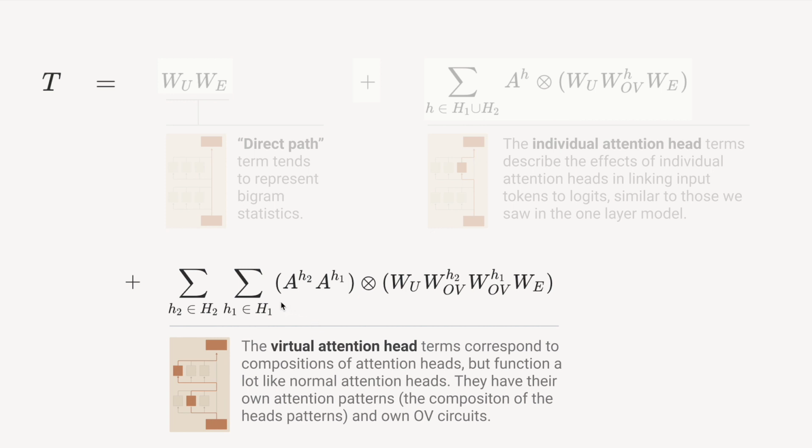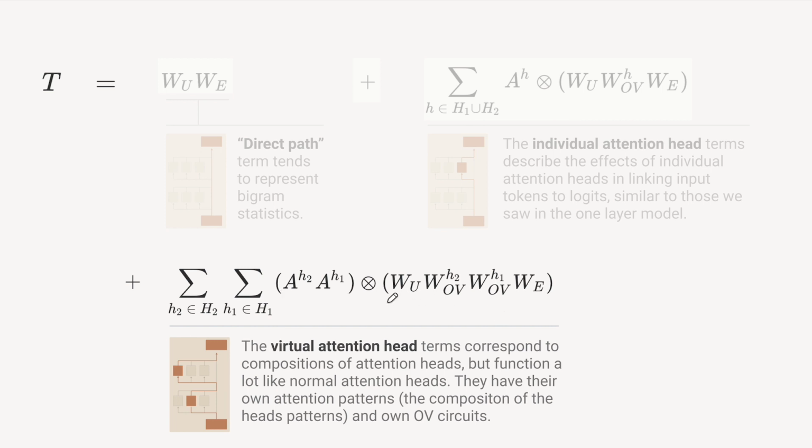They have an attention pattern, which is just the composition of the two attention patterns. So if the second attention head looks at token 3, and then the first attention head looks from 3 to token 2, then on net you look at token 2. So there's this composition of attention patterns that's potentially very expressive.